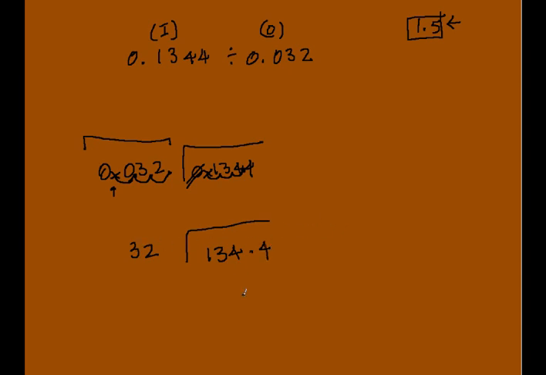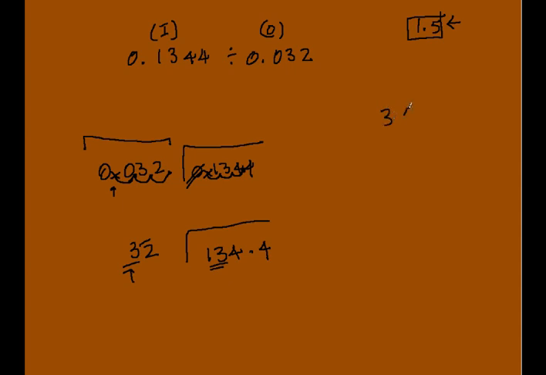Again, if you remember how we divided in section 1.5, if you don't remember, just go ahead and go back and see how we did it. So 32, how many times does 32 go into 134? Like we said, sometimes it's hard to figure out how many times 32 goes into 134. So we use the trick. We look at the first digit here, and we'll look at 13. So we try to guess how many times 3 goes into 13.